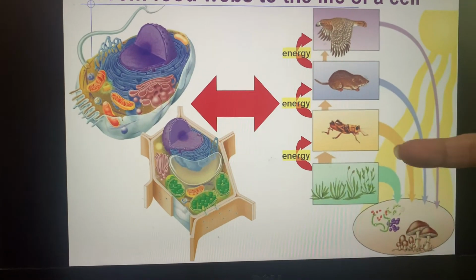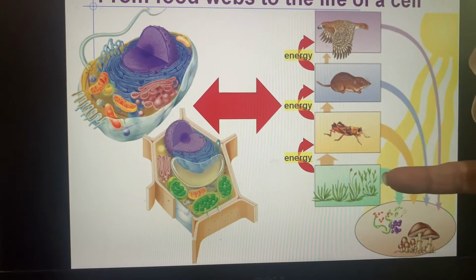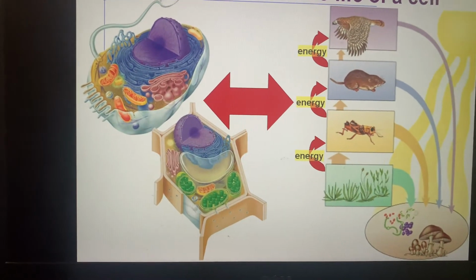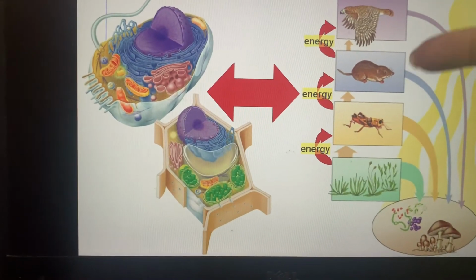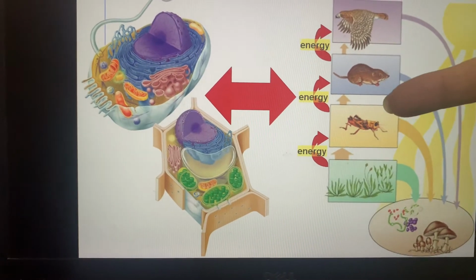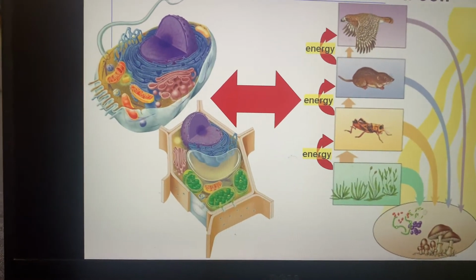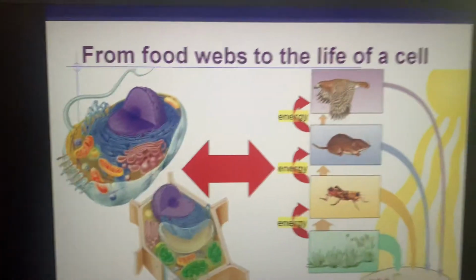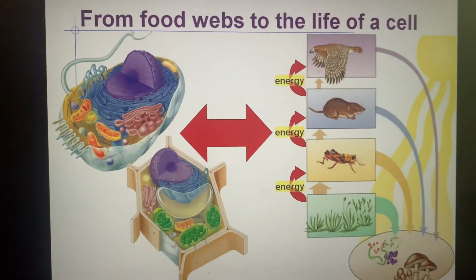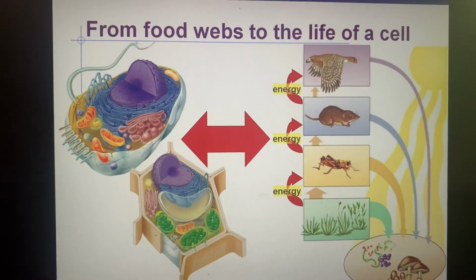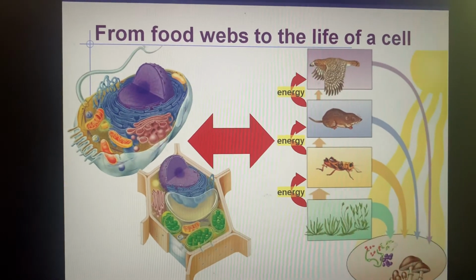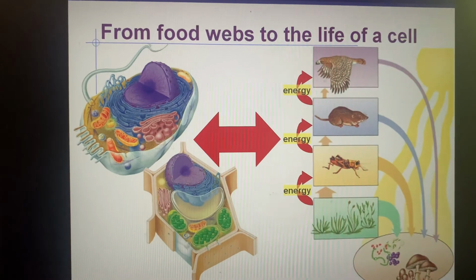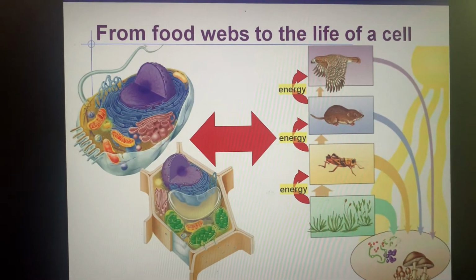So small insects take energy from plants, and a rat in turn takes energy from insects, and so on. So this is a kind of food chain as well, from where the energy is taken. Cells are the basic unit for carrying out all these processes.